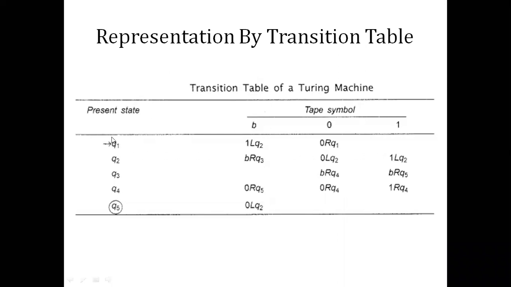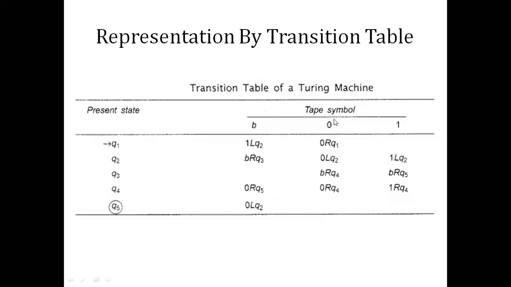If the current state of the machine is Q1 and B is the symbol under the tape head, then we write 1 instead of B, that is, we replace this B with 1, the machine enters into the state Q2 and it moves one cell towards the left. This L represents that the tape head now moves one cell towards the left.